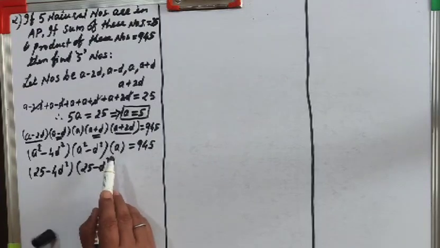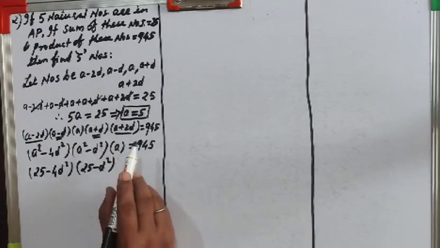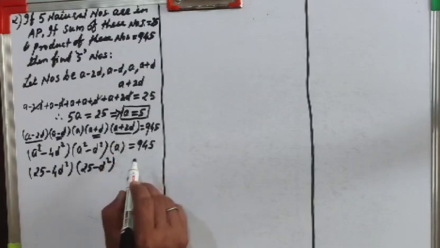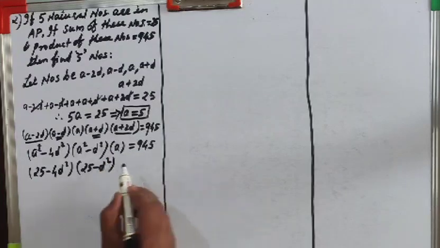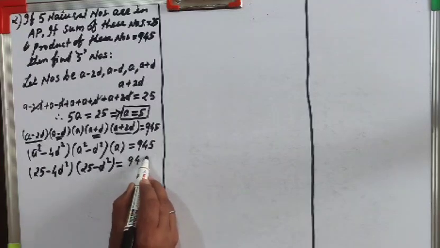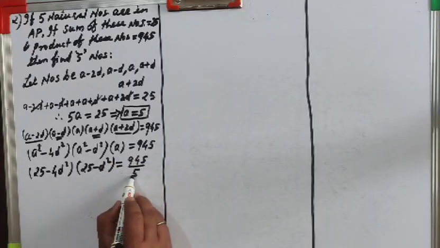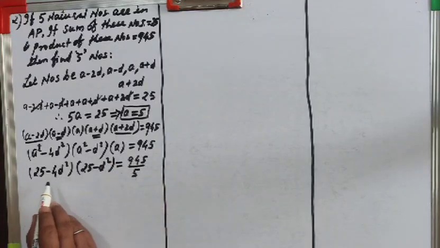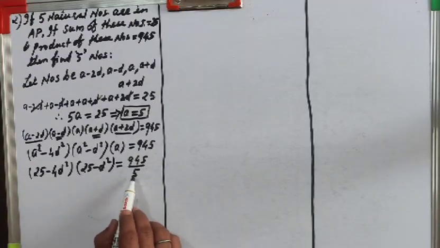Okay, now I am taking A as 5, but this 5 I will take to the other side to divide 945. So I am not writing 5 here, I am writing on the other side, which is equal to 945 divided by the value of A, which is 5. So now I will divide 945 by 5.